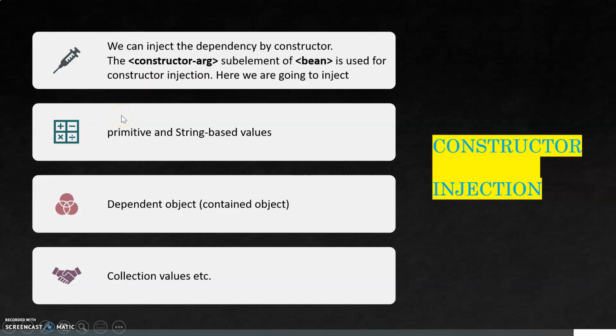We can inject primitive values and string based values, dependent object variables, and collections like list, map and set. All these types can be used with constructor injection. So let us discuss one by one now.